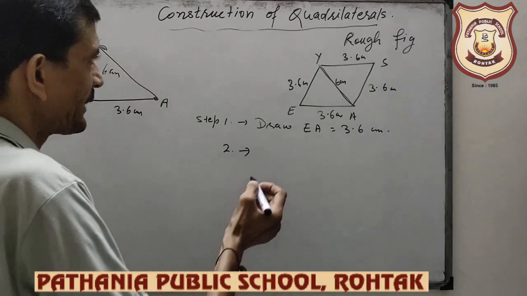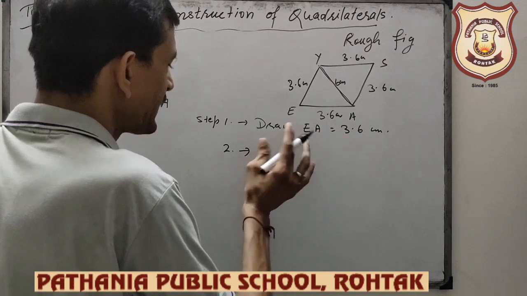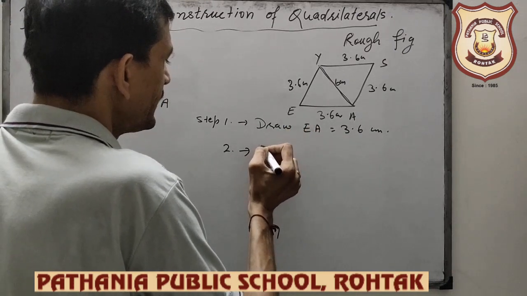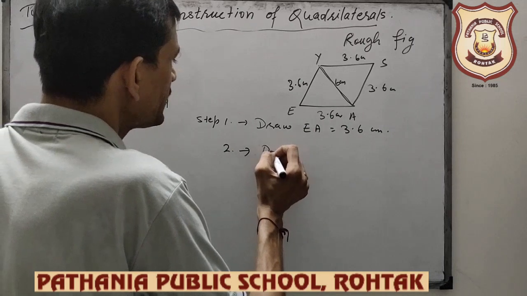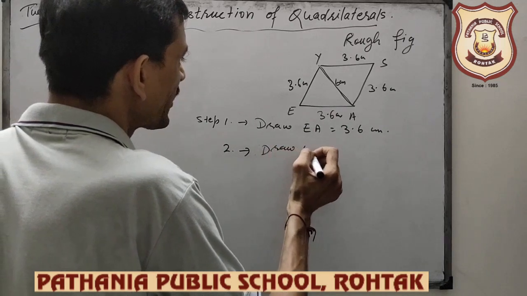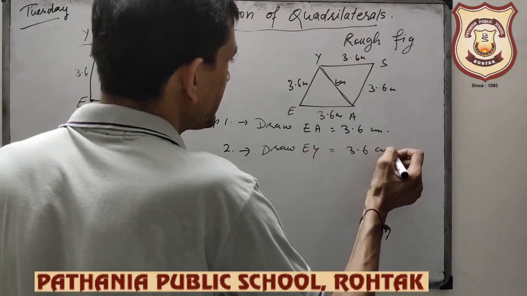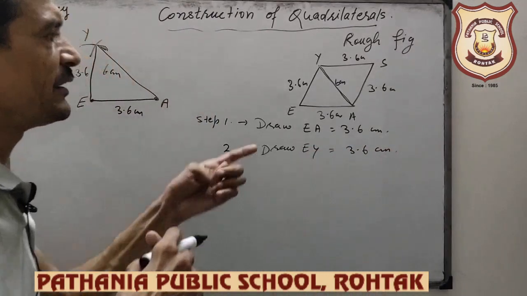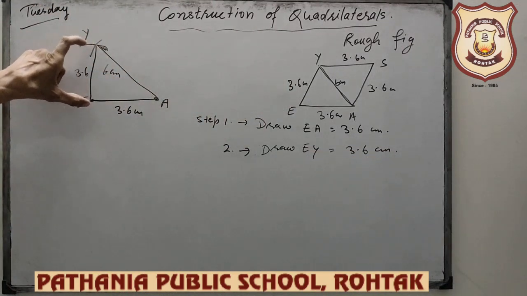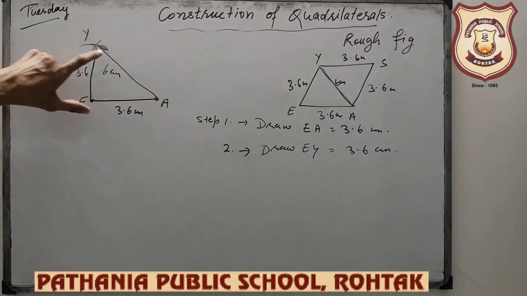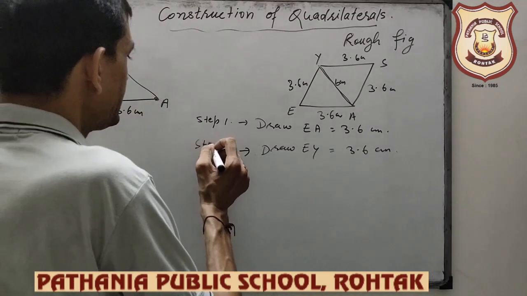So what should be the step 2? Step 2 I am writing: draw an arc EY. You can write directly, draw EY is equal to 3.6 centimeter. Or you can write, put the needle of the compass at E and open up to take the radius of 3.6, draw an arc. Now take A as center. That is step 3.